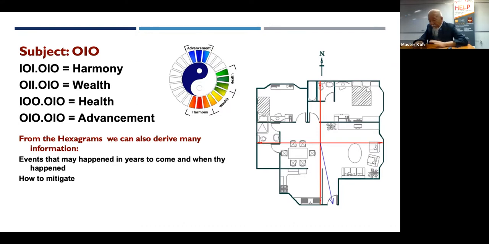So from the hexagram, we can also derive many information. Events that may happen in your years to come and when they will happen and how to mitigate. From this hexagram, we will be able to know. But of course, not in this class yet. Okay. So learning environology, you want to know more about this person, a 010.